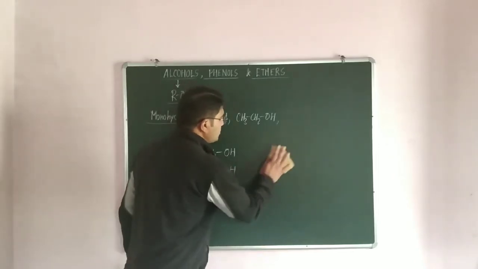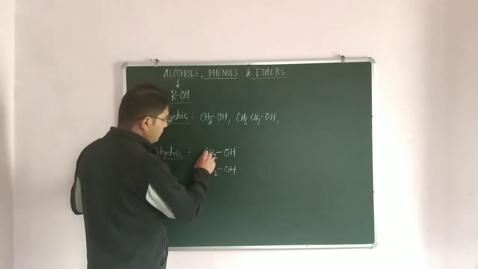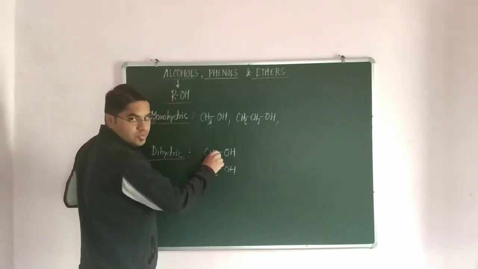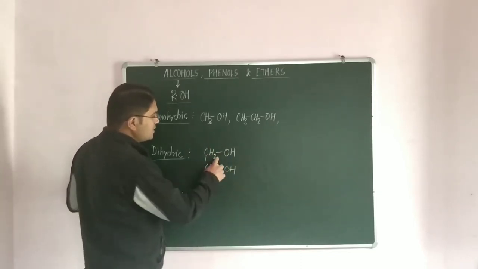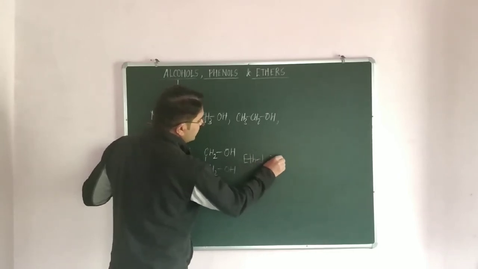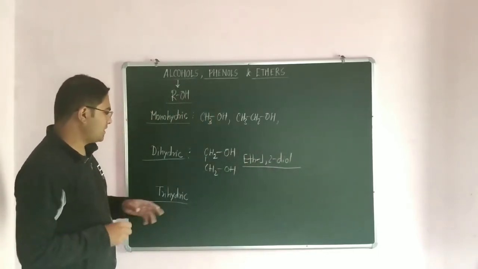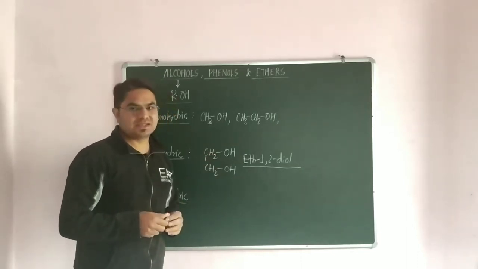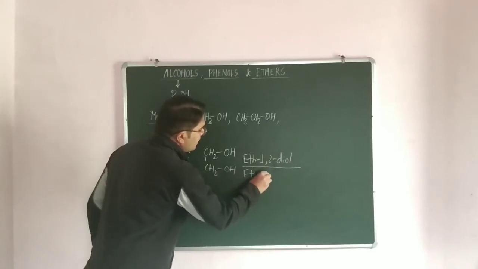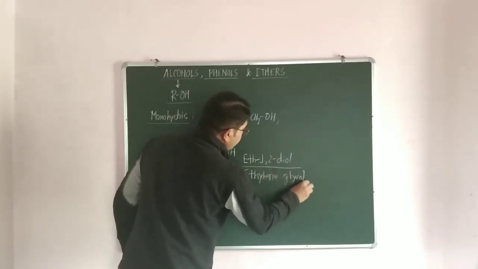So the least possibility is two carbon atoms with two OH groups attached. This is ethane-1,2-diol, and the common name of this compound is very famous, that is ethylene glycol. So this compound is ethylene glycol, and this is a dihydric alcohol.